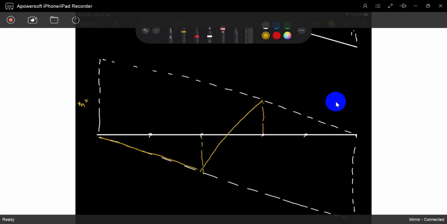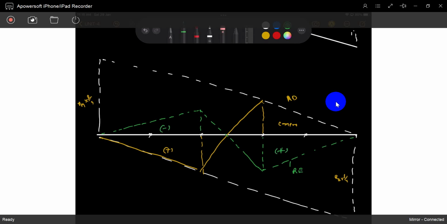Say RA into L by H, RB into L by H. This is tension, this is compression for RC, RD. RE, you can write down the same mirror image. This part may be small, I think. This value is, I think, up to this. Mirror image. This is RE. This is tension. This is positive. Can I write? So like this you can write down anything.